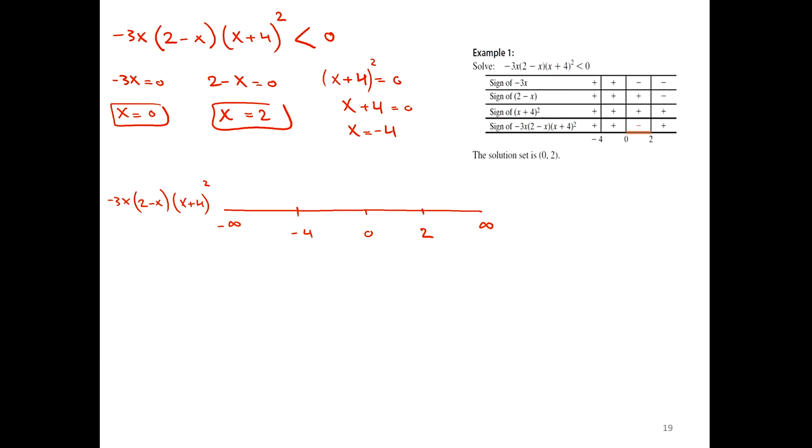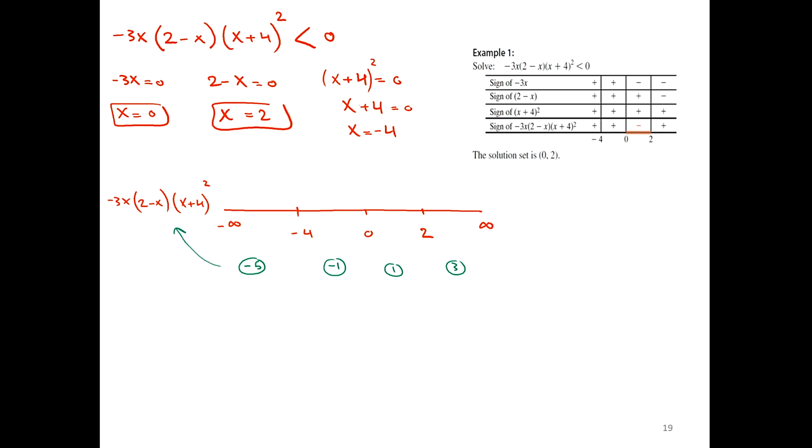You can choose any value in each region. From negative infinity to negative 4, we can choose negative 5. From negative 4 to 0, we can choose negative 1. From 0 to 2, for example 1. From 2 to infinity, we have 3. Now, substitute x equals negative 5.